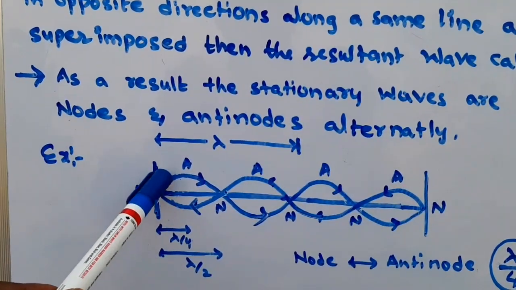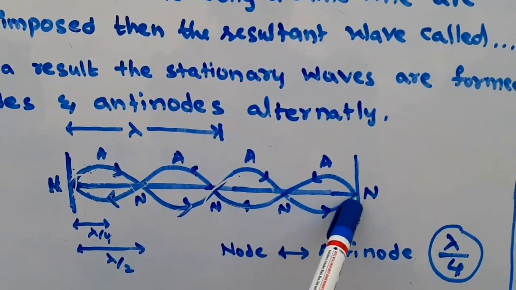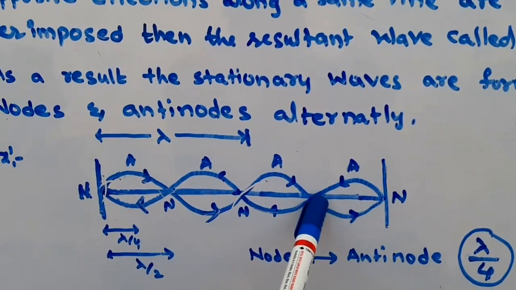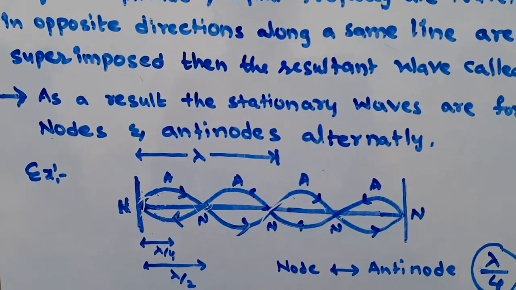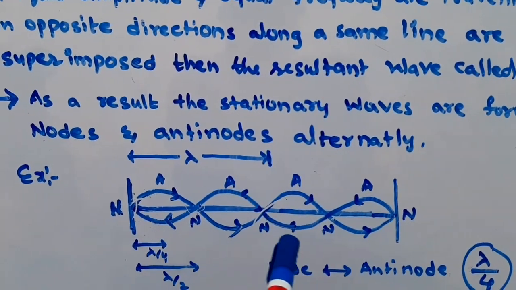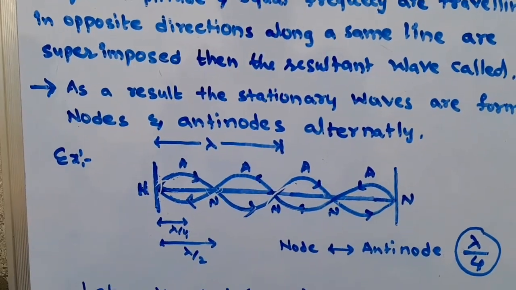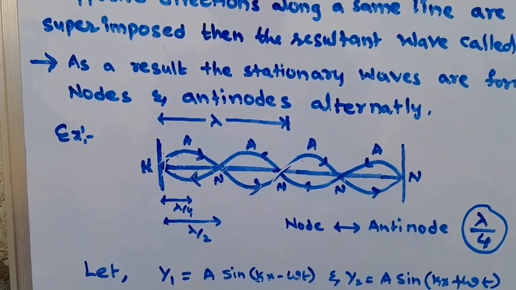One wave is moving along the positive x direction, and another wave is coming from the negative x direction along the same line. Both are superimposed to form this type of wave, which is named a stationary wave or standing wave.